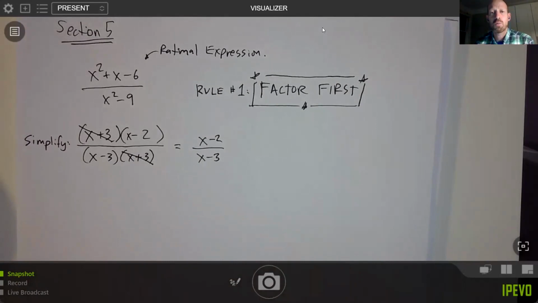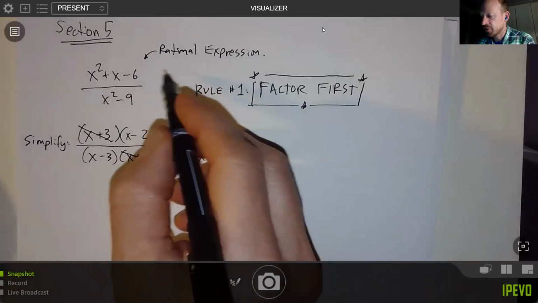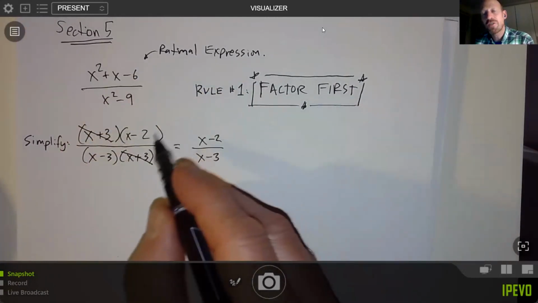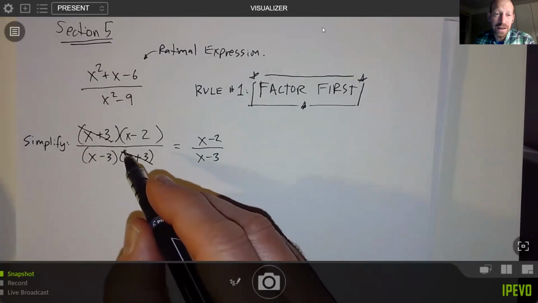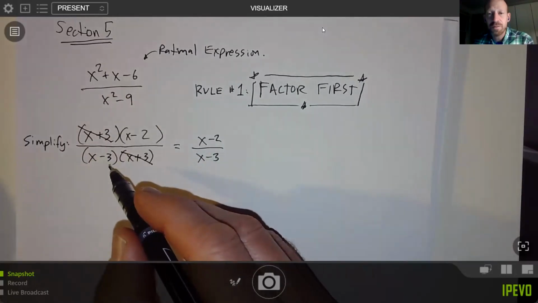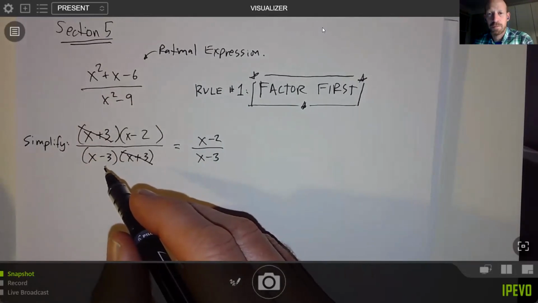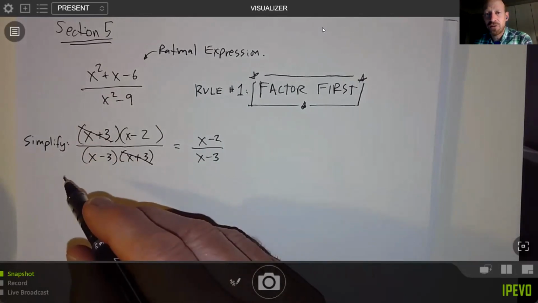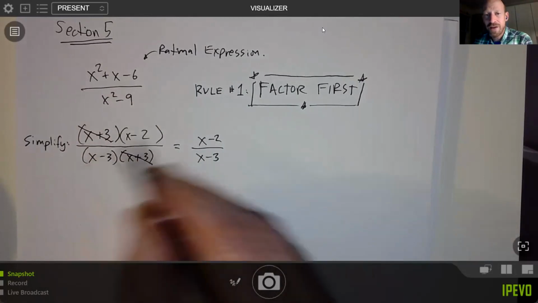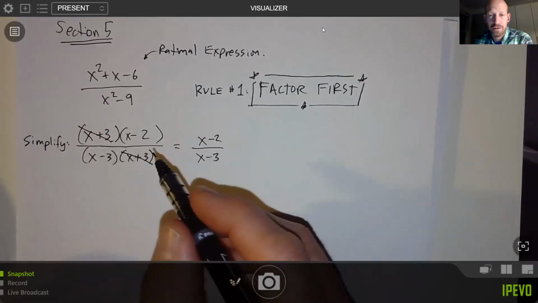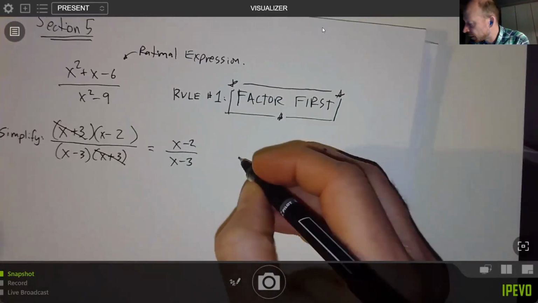So whatever the rational expression is, I'm going to factor it first. After that, I might simplify it, or I might have to add it or multiply it or do other things with it. That will depend on the type of problem. So with simplification, once it's factored, all we do is cancel common factors.